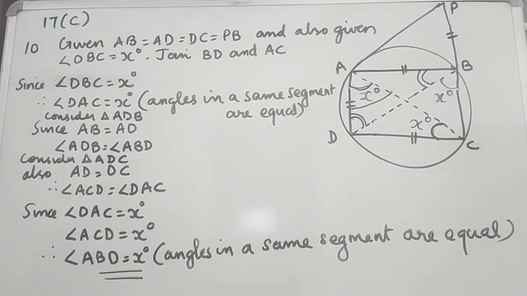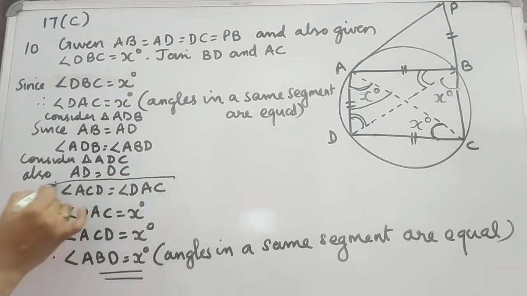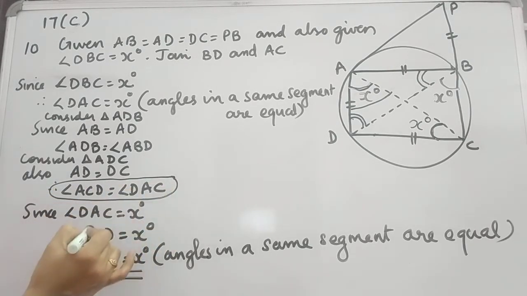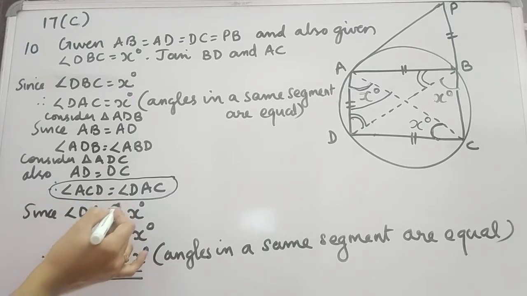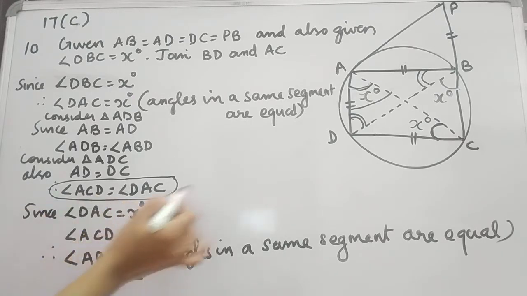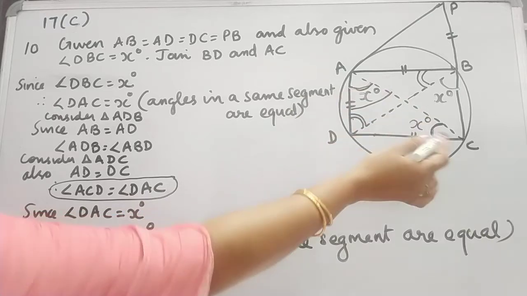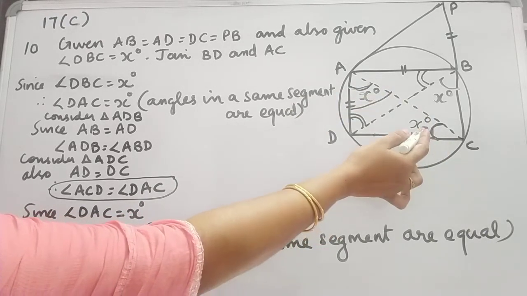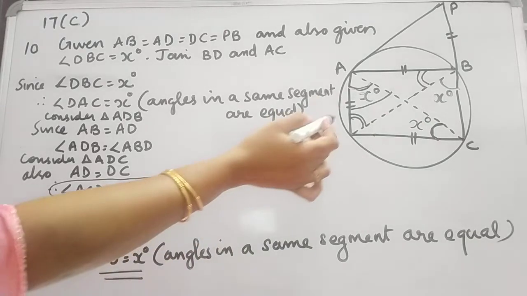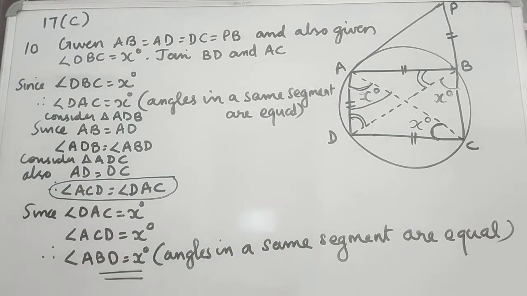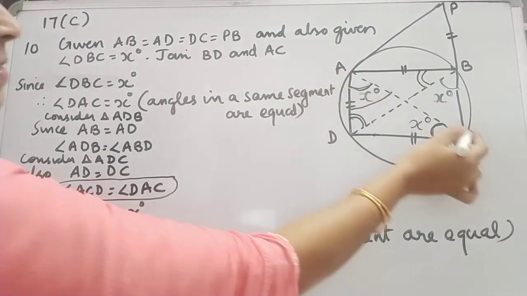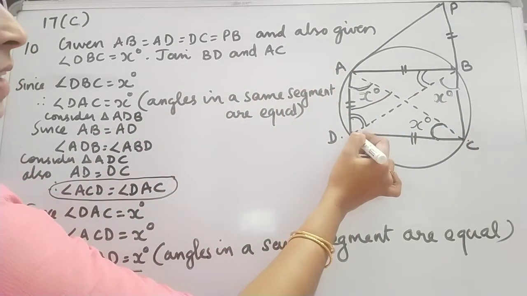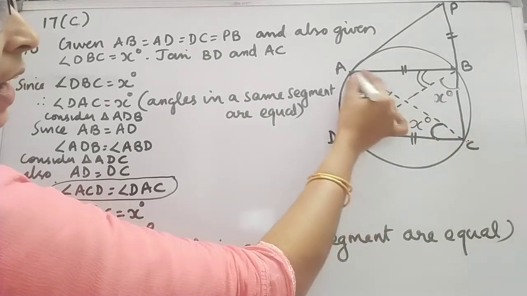We just proved that DAC is X, so DCA also will be X. So these two angles will be equal. That is, ACD is X, or otherwise we can say DCA.